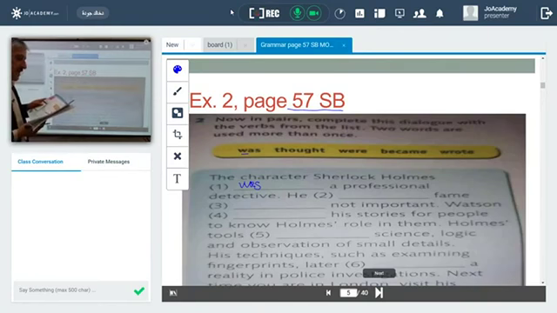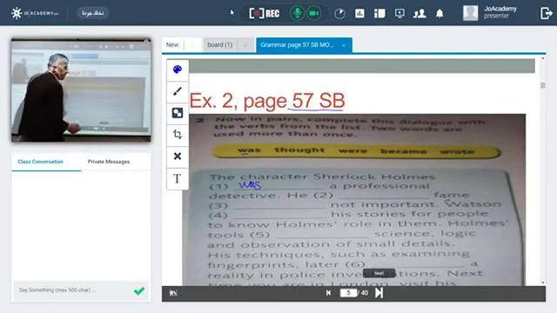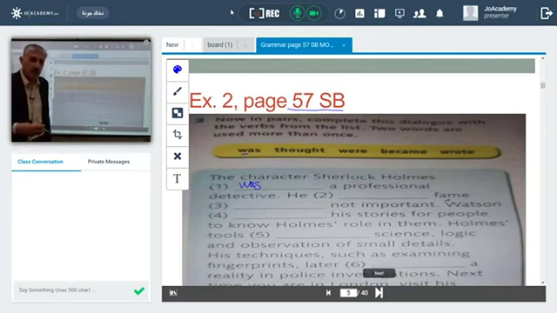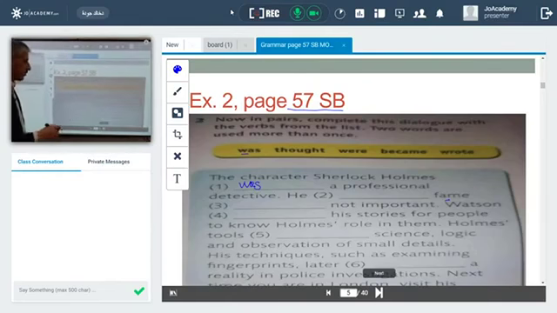Okay. He blank fame, blank not important. So he blank fame, blank not important. So what's the meaning of fame? We have to understand the meaning of fame. Fame, if I say it in Arabic, it means shuhra. So he refers to Sherlock Holmes. So he thought, the past of think.